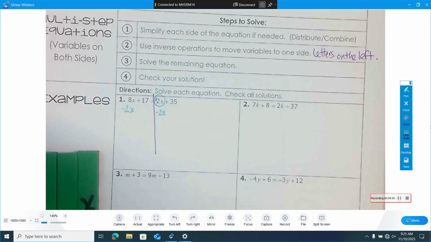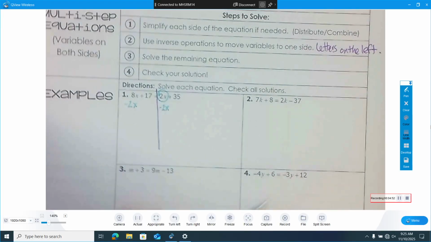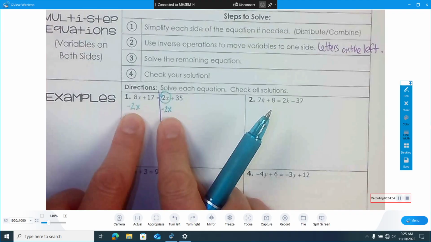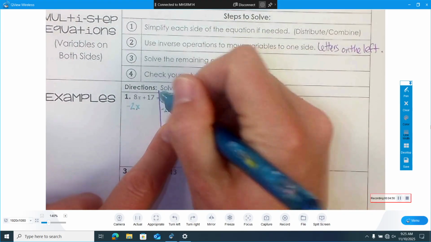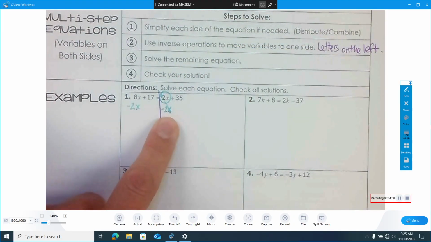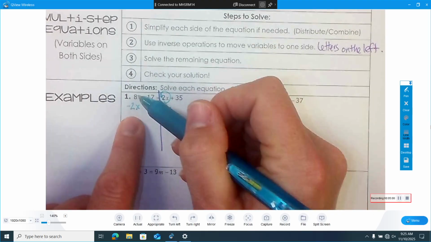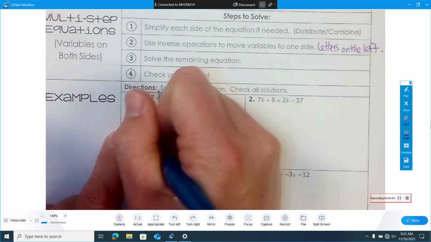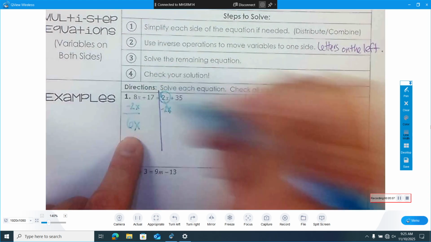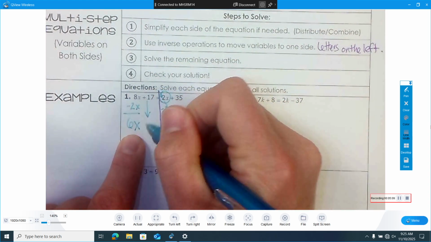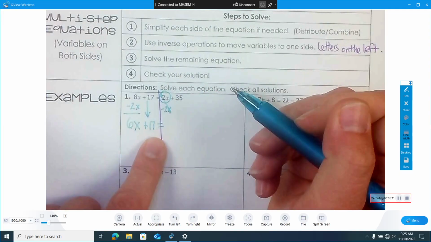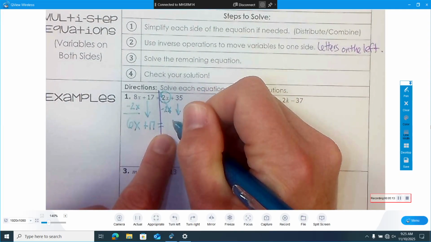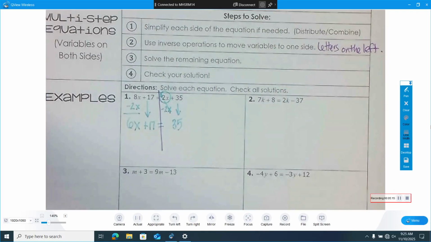Here, we're subtracting 2X's from both sides. Positive 2X and negative 2X cancel out. Now, I have 8X's minus 2X's, which is 6X's. So we're combining those, and then I'm just going to bring down my positive 17, and my positive 35. So we don't want to lose track of anything.